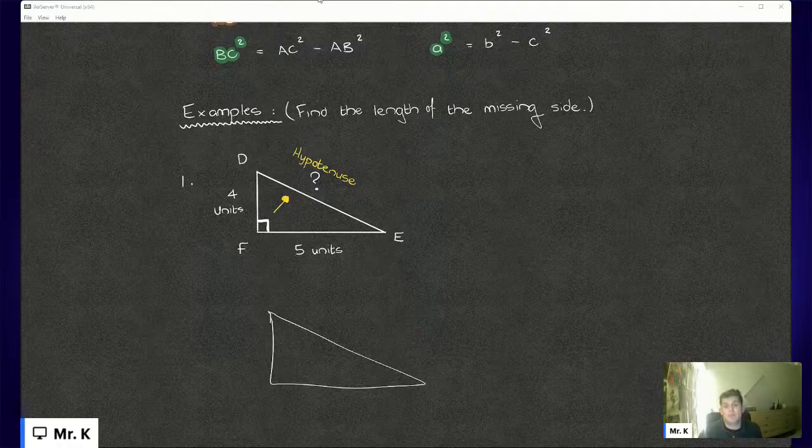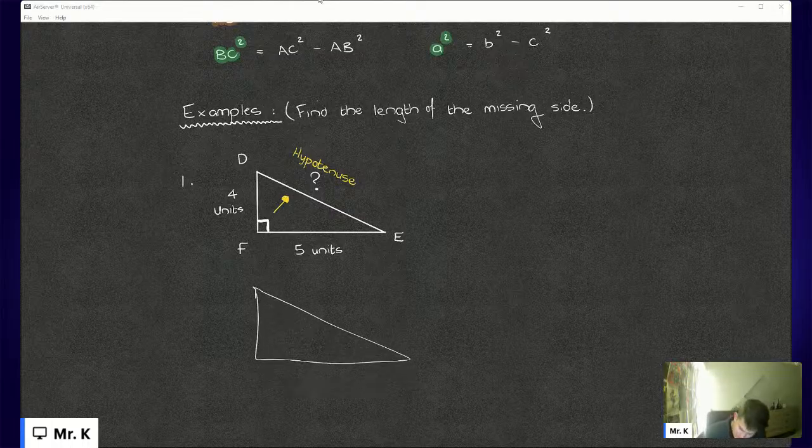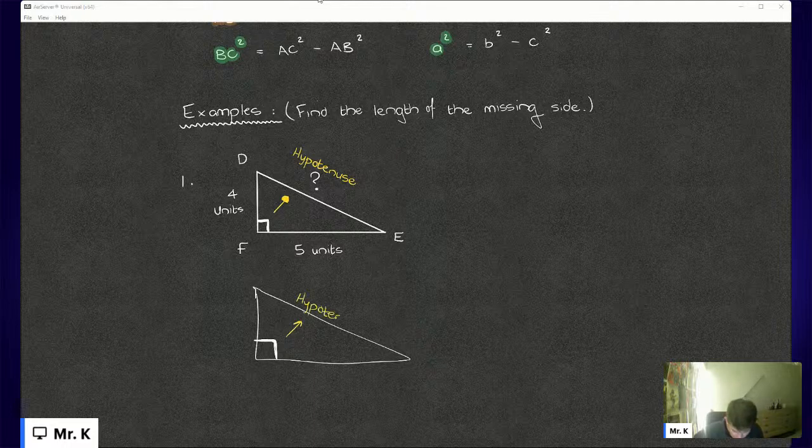We can either memorize Pythagoras or we can sort of create it as we go, which I would recommend. Remember, this is my makeshift right-angled triangle over here. The side opposite from the right angle is the hypotenuse, the longest side of the triangle.